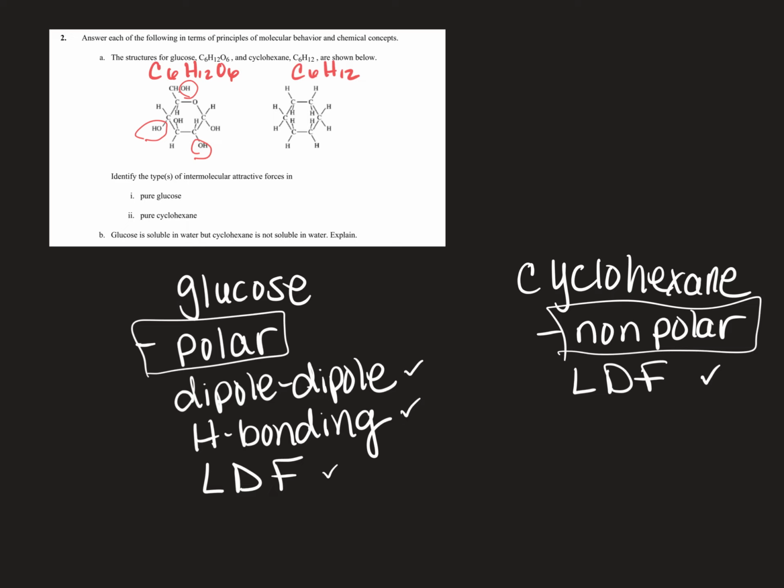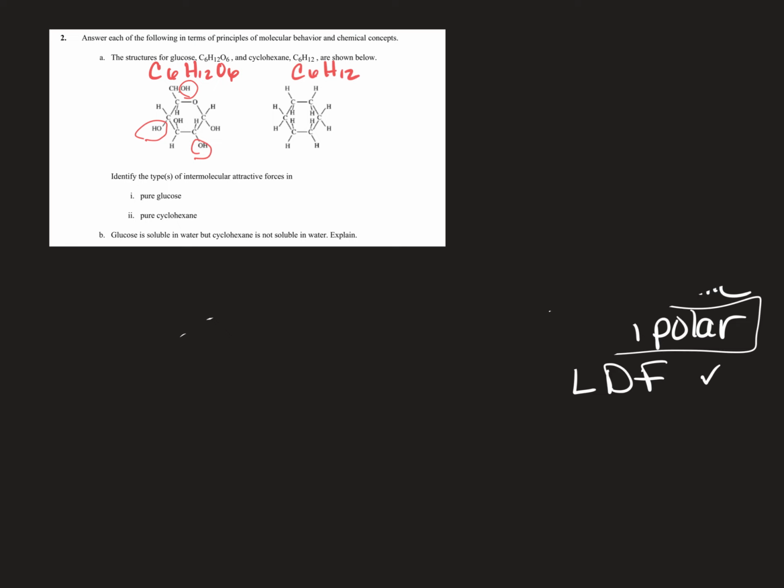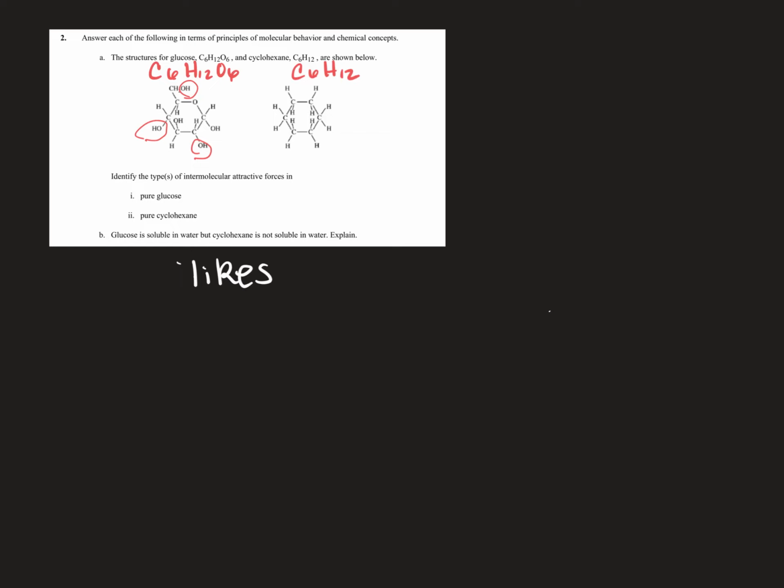Okay. And then for part B, it says glucose is soluble in water, but cyclohexane is not soluble in water. We have to be careful when I say this because it's not an explanation, but it does help us to remember, and I see this a lot when I score the AP, that we don't want to use this as an explanation, but it helps to remember that likes dissolve likes.